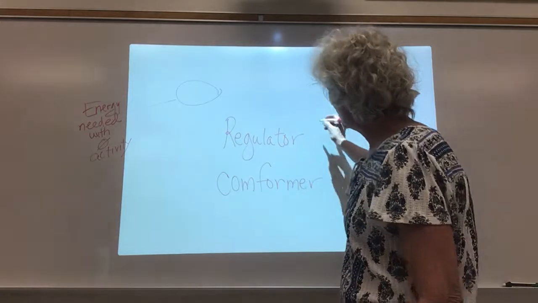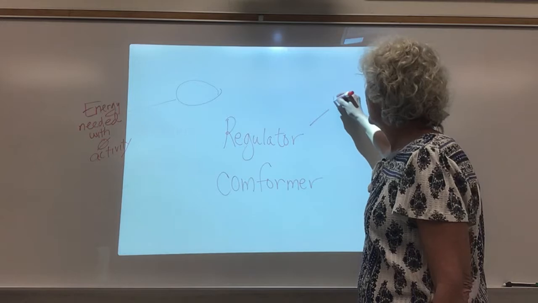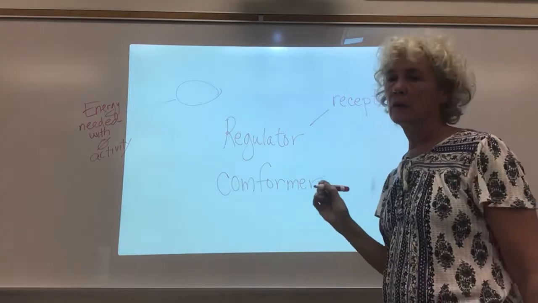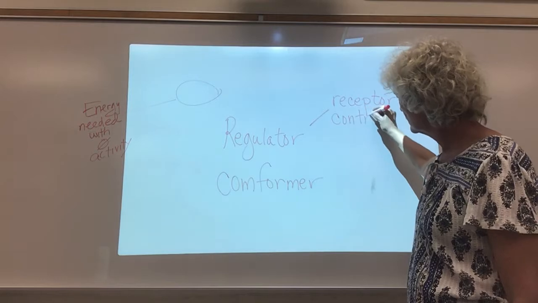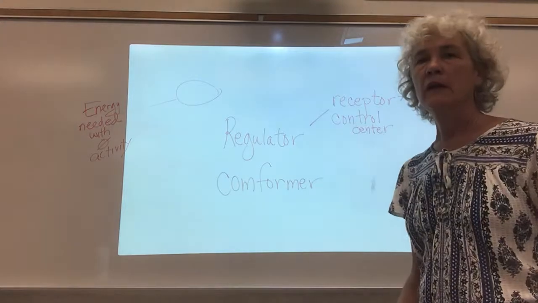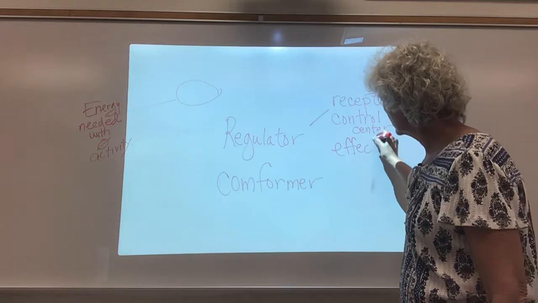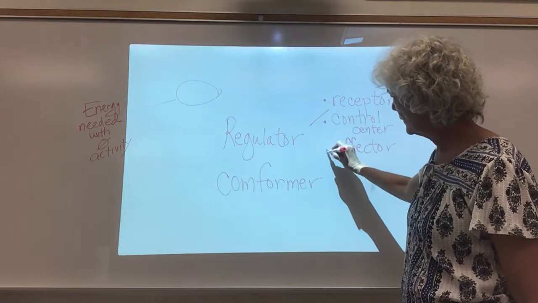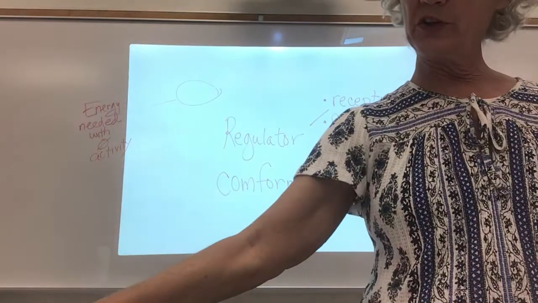So if you're a regulator and you're going to regulate, then you're going to have a receptor. Okay. A control center. And an effector. So 1, 2, 3. Right? So now we're going to go on to an overhead.